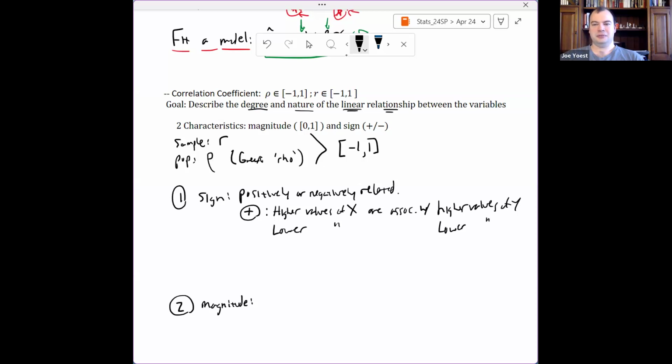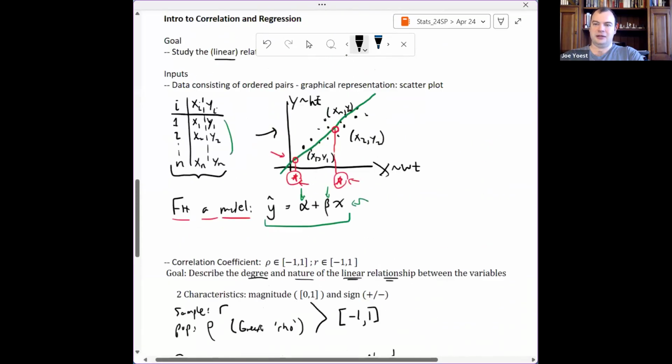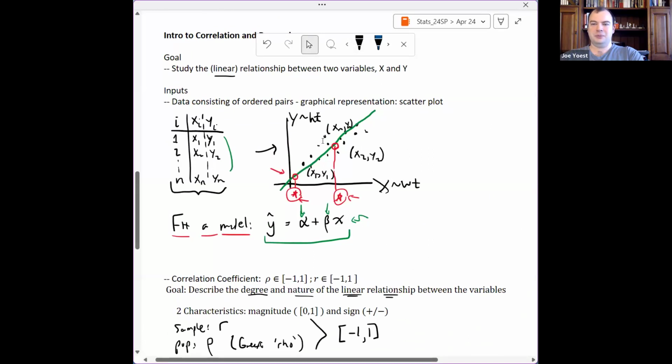And I know that it's a different thing to say that heavier people tend to be taller and lighter people tend to be shorter. That's one statement. If I say, as weight increases, height tends to increase, or as weight decreases, height tends to decrease, that could mean a couple different things.